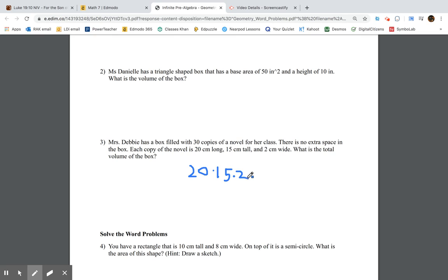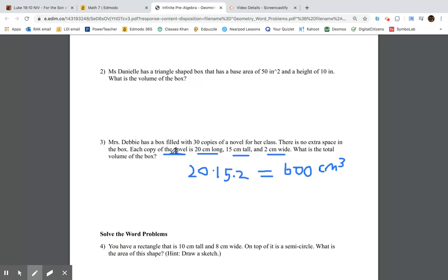Well, 15 times 2 is 30, and 30 times 20 is 600, right? That's the volume of what? What did we just find the volume of? That's centimeters cubed, by the way, because we have three dimensions. We have length, height, and width. 600 centimeters cubed for one novel.